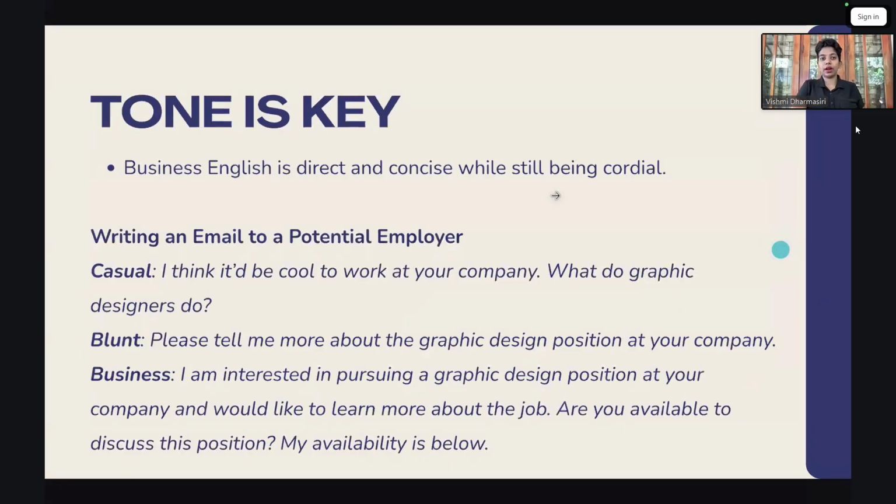I'm pretty sure we have already talked about this in previous sessions. One of the most crucial things is the tone, the tone of how you say something or how you write something.